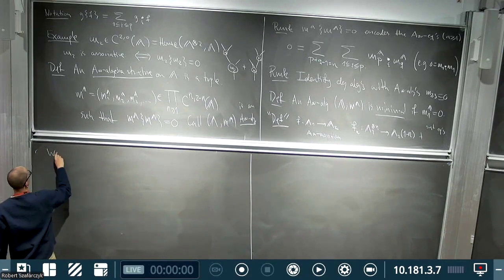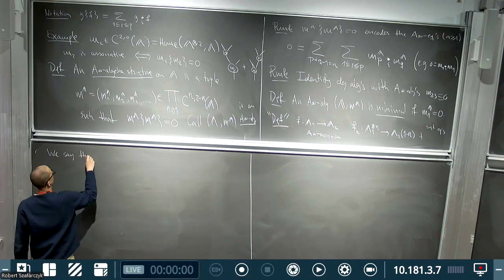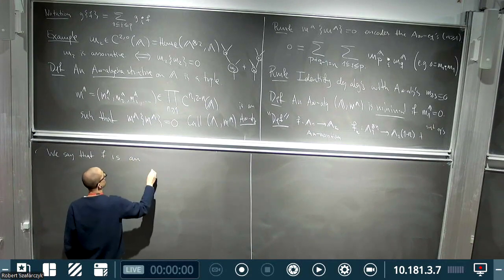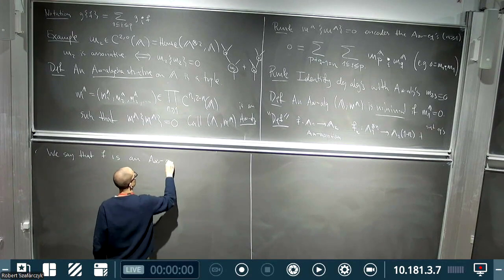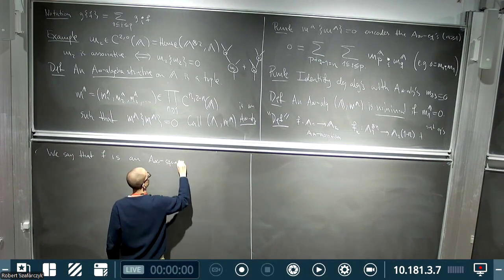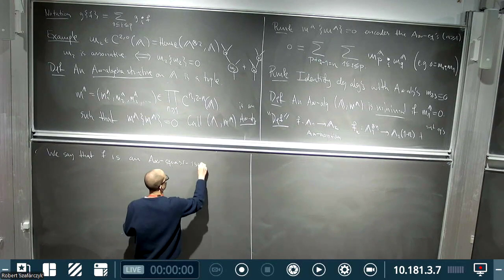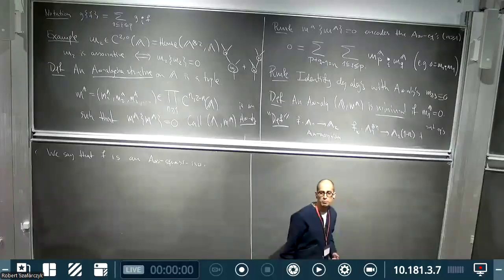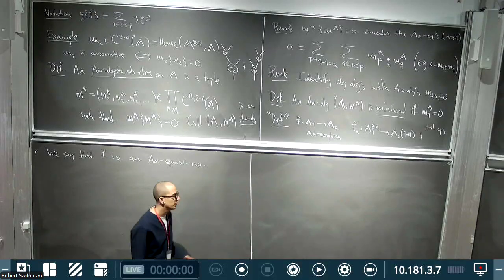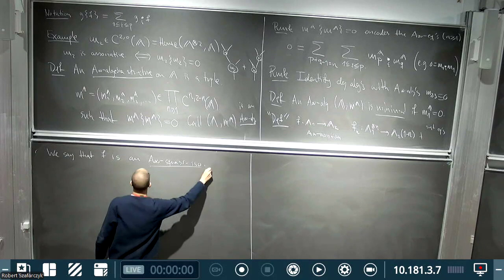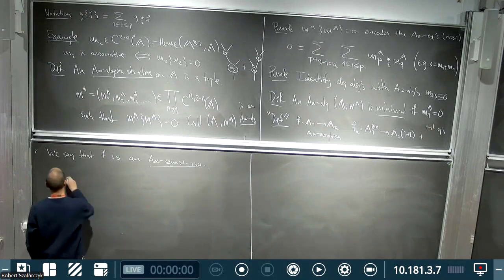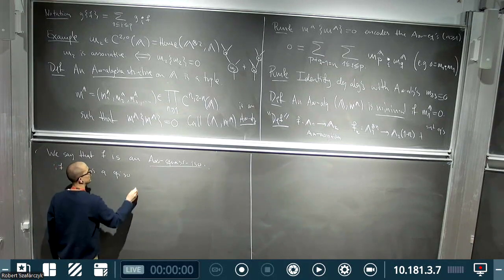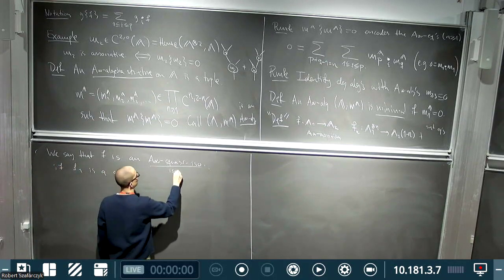So we say that F is an A infinity quasi-iso. The equations of an A infinity morphism are such that F1 is a chain map with respect to the differentials given by the M1s. So we say that F is an A infinity quasi-iso if F1 is a quasi-iso. And you can also put iso here.